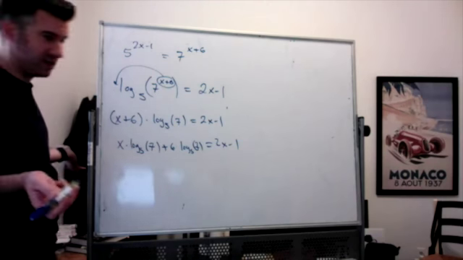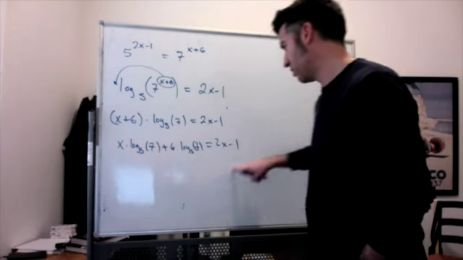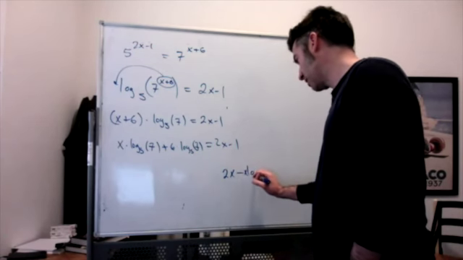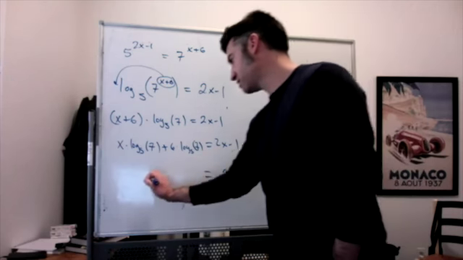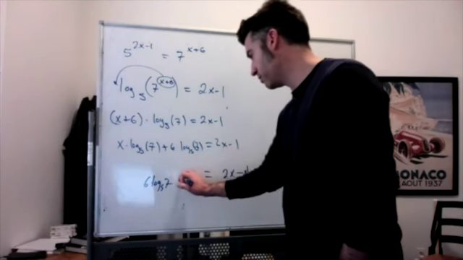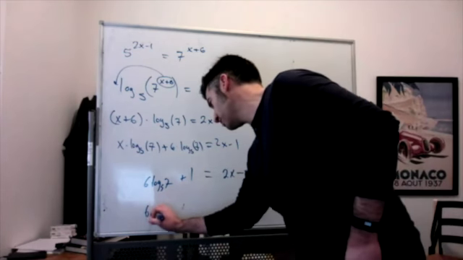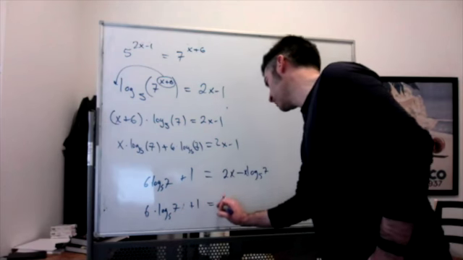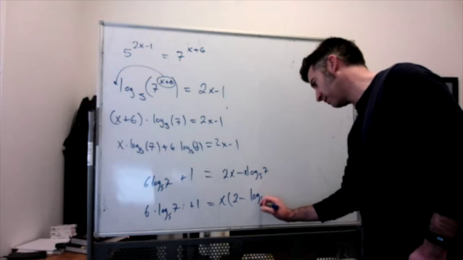Bring all the x's to the same side. Let's bring all the x's to the right this time. So I'll subtract this over here. So we'll have 2x minus x times log base 5 of 7 equal to 6 times log base 5 of 7, and then add the 1. And then you factor out an x. So you've got 6 times log base 5 of 7 plus 1 equal to x times 2 minus 1 times log base 5 of 7.